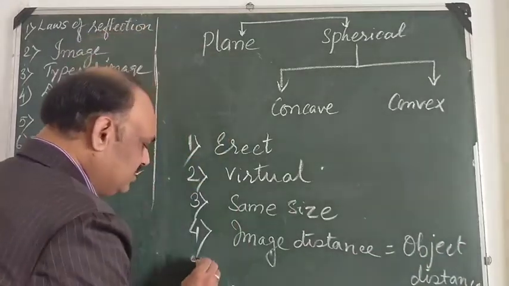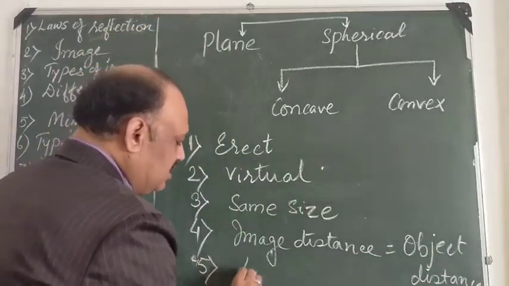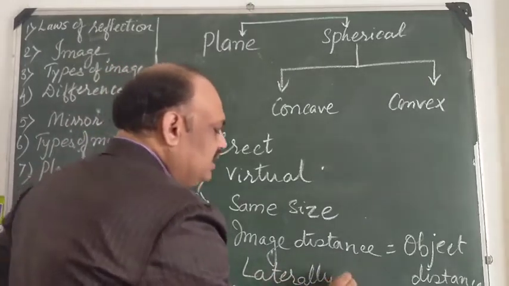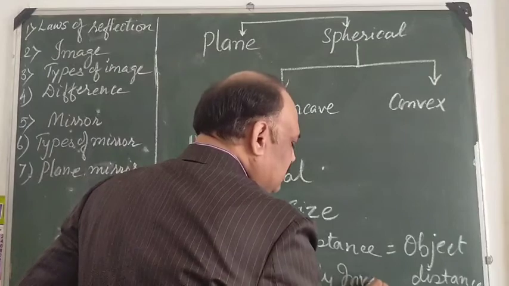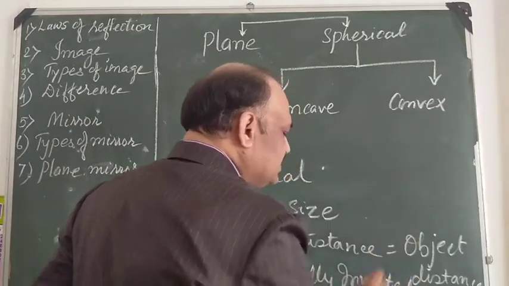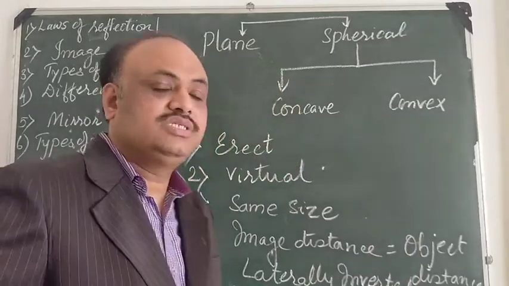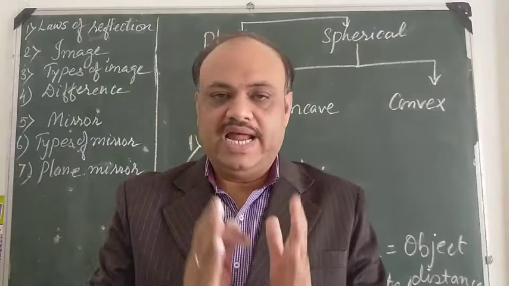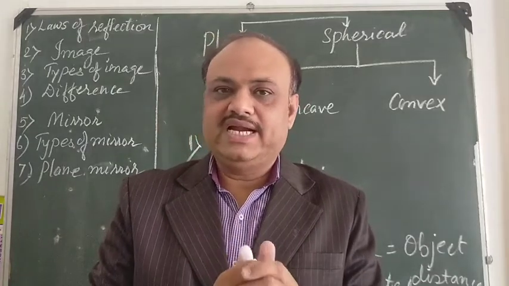And fifth one is lateral inversion. Image is laterally inverted. See, one word I have used, inverted, and this is another word, laterally inverted. It is one of the terms which means that there is a lateral inversion. What exactly does lateral inversion mean?